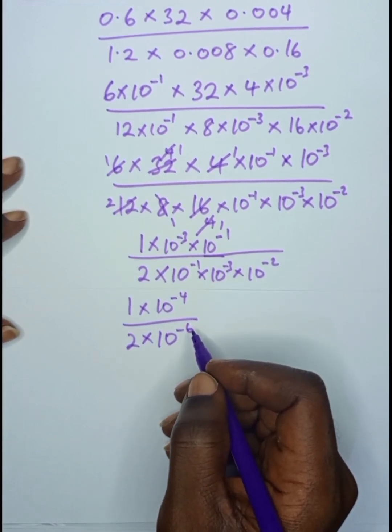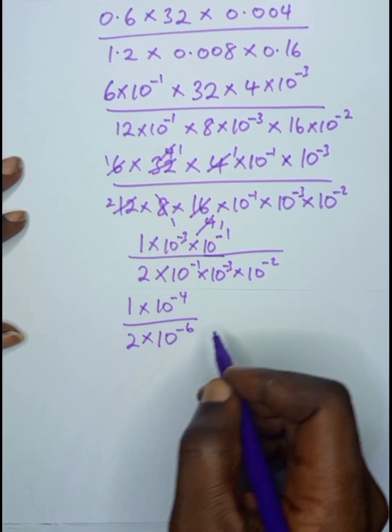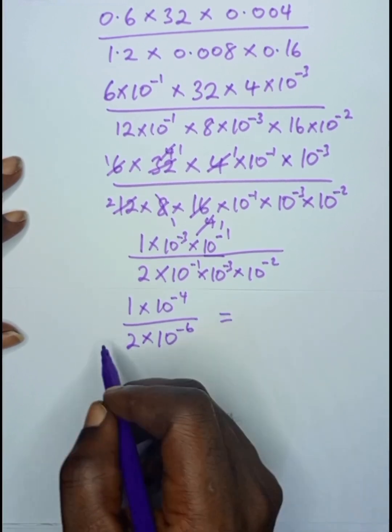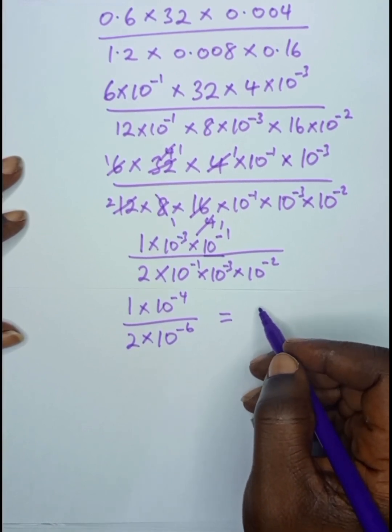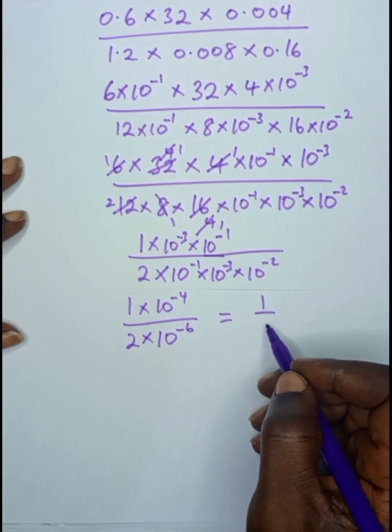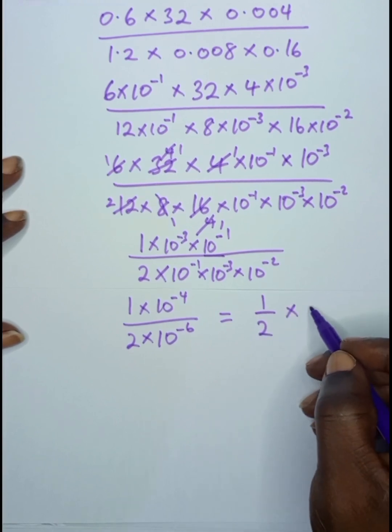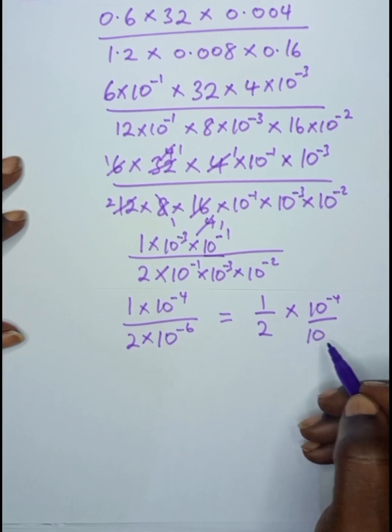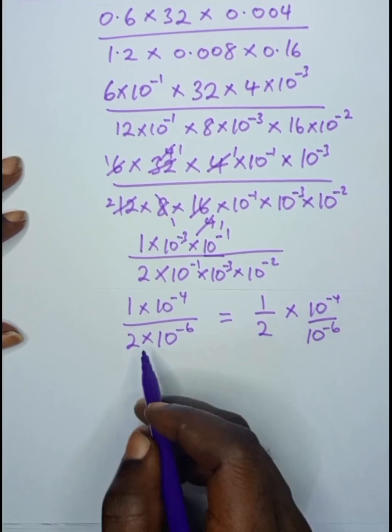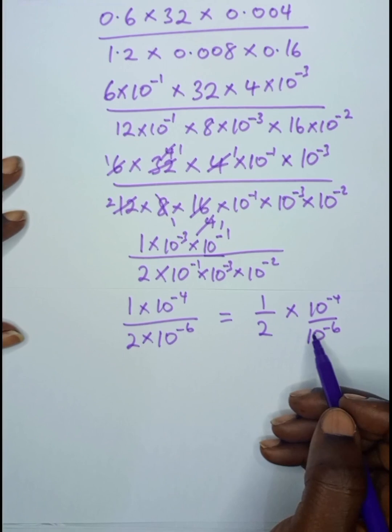Okay, let's continue. Let me separate them so that you understand. So we have 1 over 2 times 10 raised to the power minus 4 over 10 raised to the power minus 6. When I do it like this, it's the same as this one.